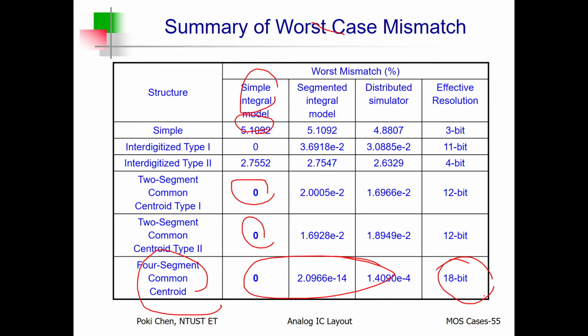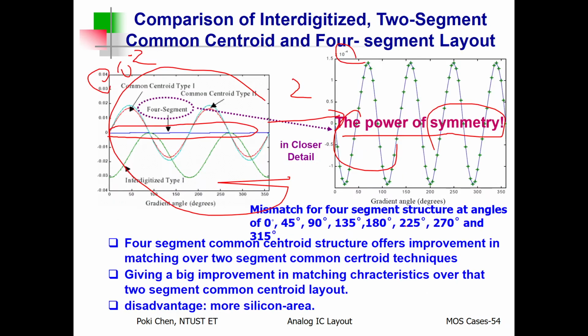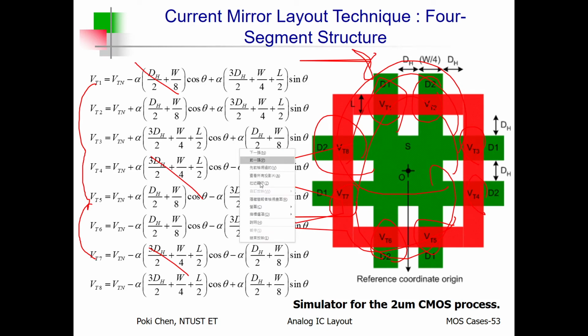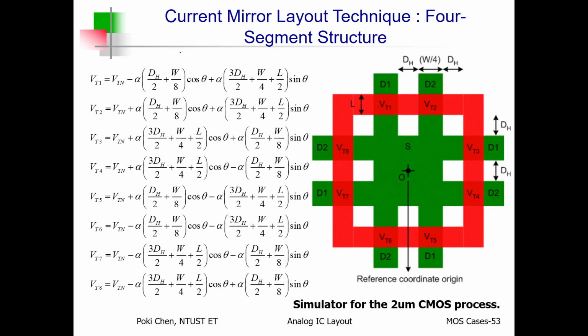What kind of price you need to pay for such kind of very high accuracy layout pattern? The chip area, the layout area. If you go back to see the layout pattern here, for example, the W is 100 micron for both M1 and M2. So divided by 4, it means for each sub-device, the width is 25 microns. 25 microns here, 25 microns here.